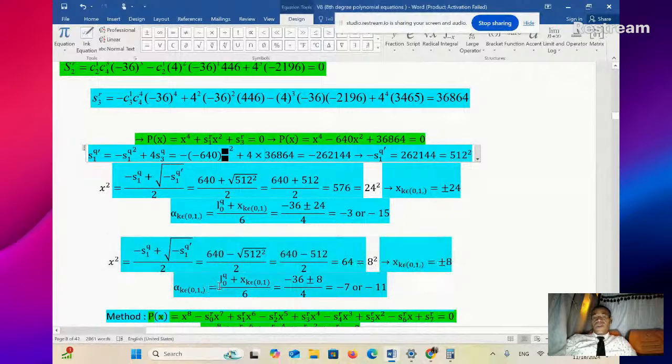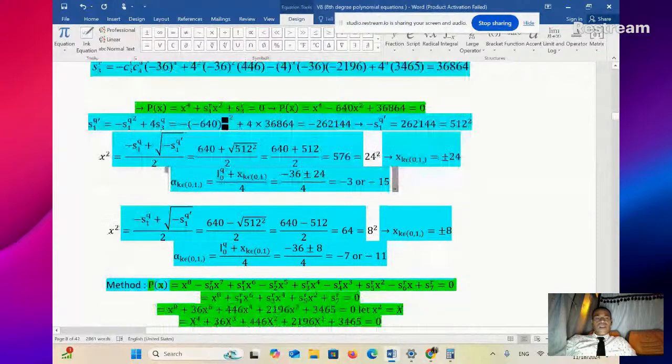Therefore, the roots are a0 over 4 plus xk over 4, because I'm going to work with the new highest power of the root that I'm working with. It will be negative 7 and negative 11. So I obtained now the four roots.